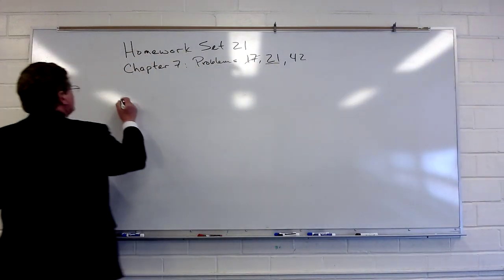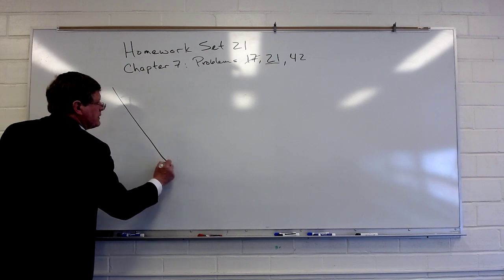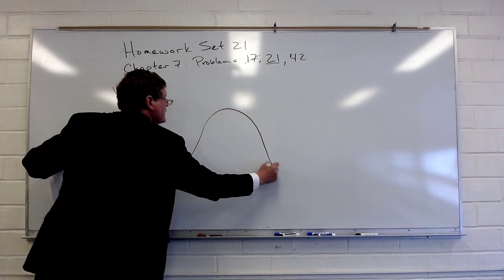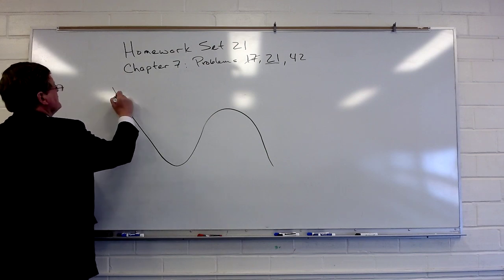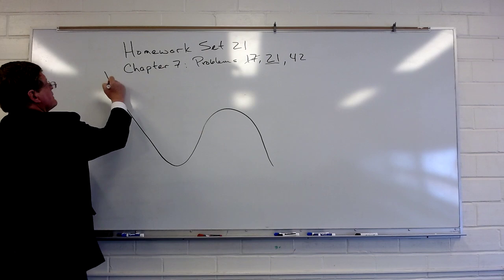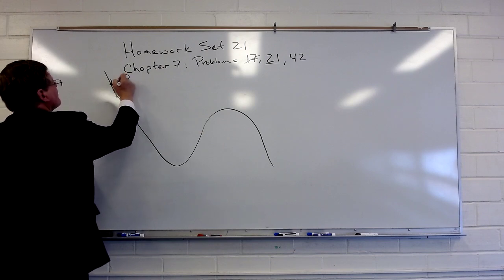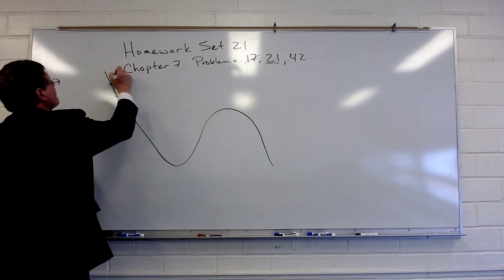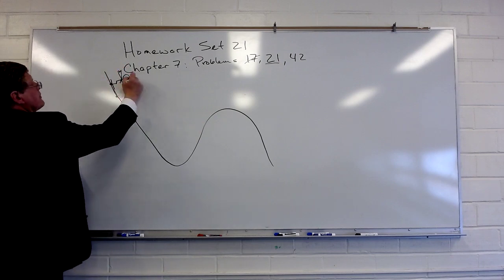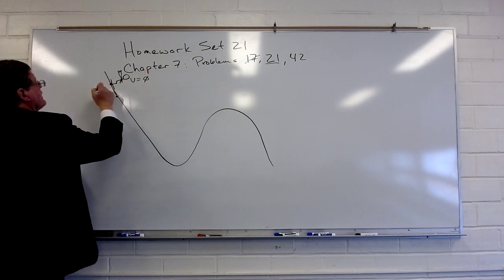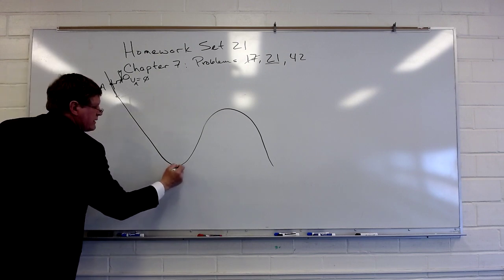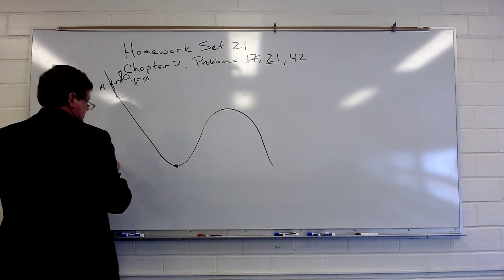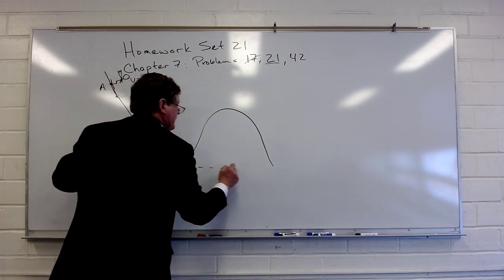We start with a skier that's coming down a steep slope and then up over a hill. That skier starts from rest at point A. And we define this point here to be the lowest point in the problem.